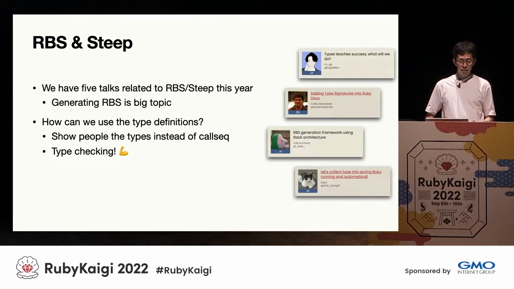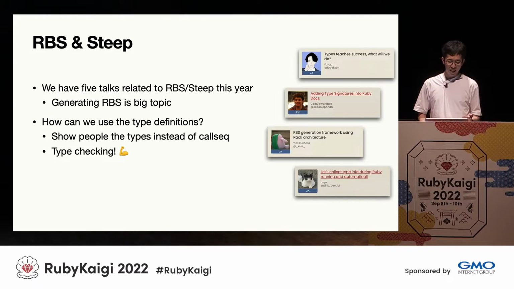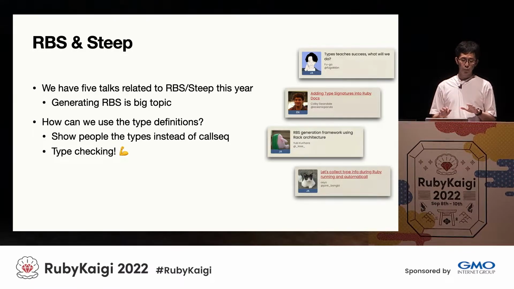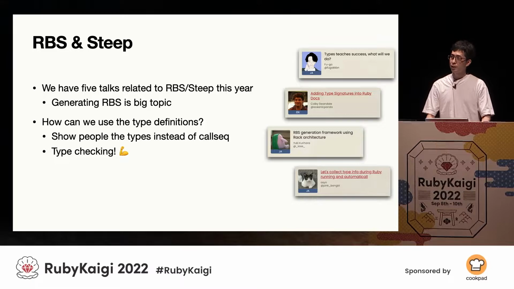But one thing I'm not feeling very happy about is that 3 of the 4 talks are generating RBS. I know it is a really important topic, but I want to focus more on how we can use the type definitions.